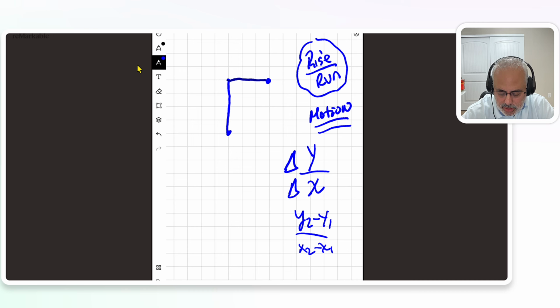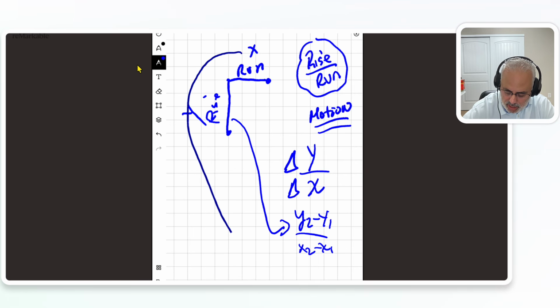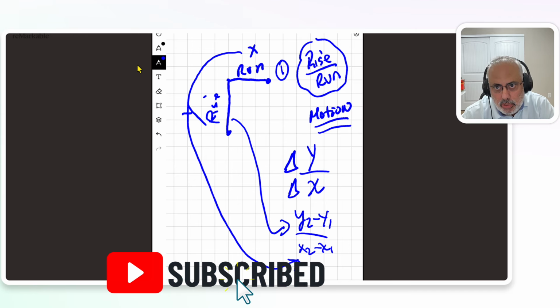This is the rise, and this is the run, and this is the Y, and this is the X. And between these two, what we have is a difference. And they understand the long process. But the long process starts with writing notes, and writing the process of thinking, putting it on paper. This is essential. Super essential.